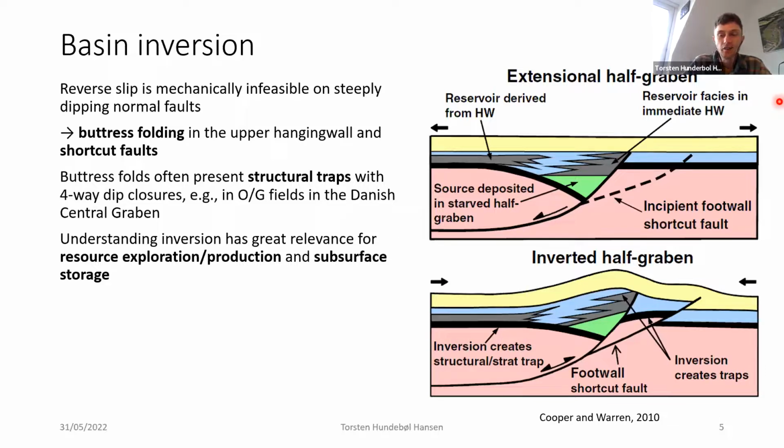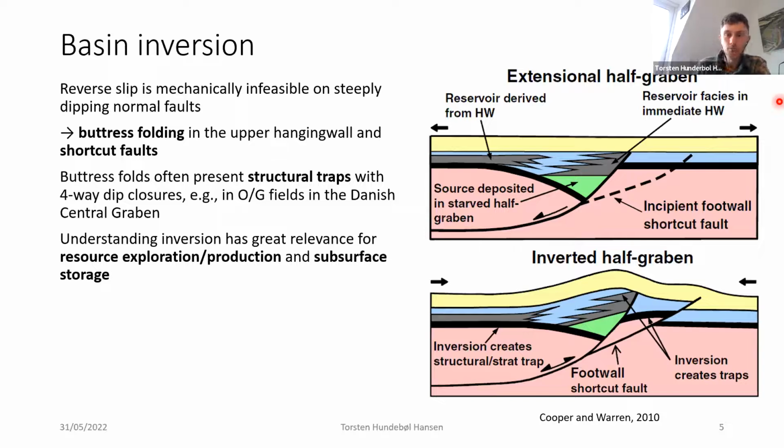A key thing you'll come across in the topic of basin inversion is that it's not mechanically feasible really to move steep normal faults in a reverse sense, because they are steep, and reverse faults, as you probably all know, prefer a more shallow dipping surface of failure or slip.